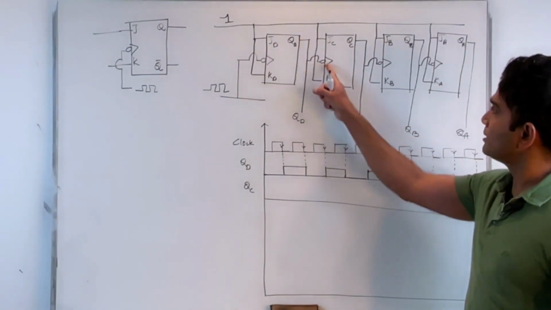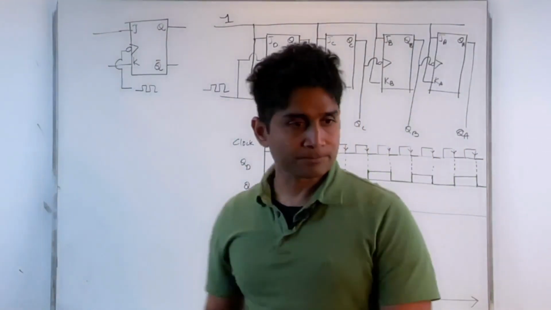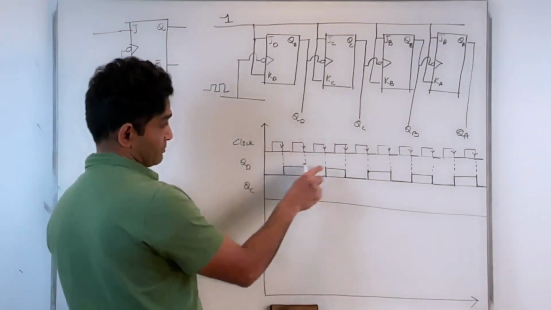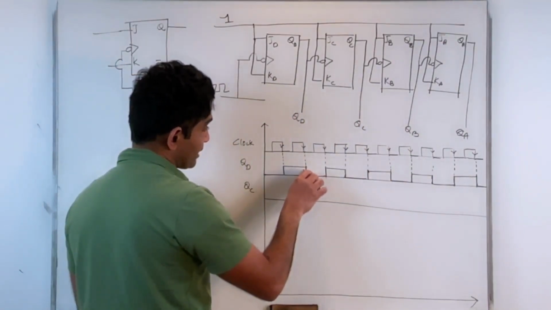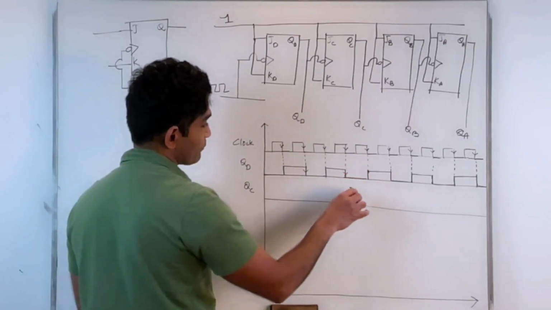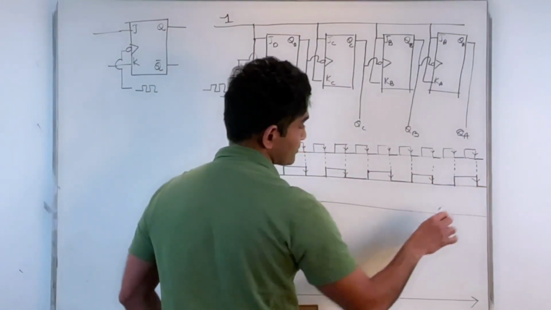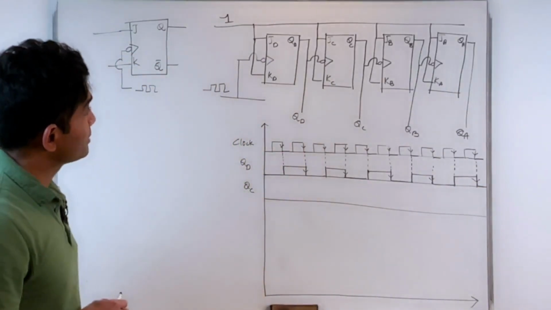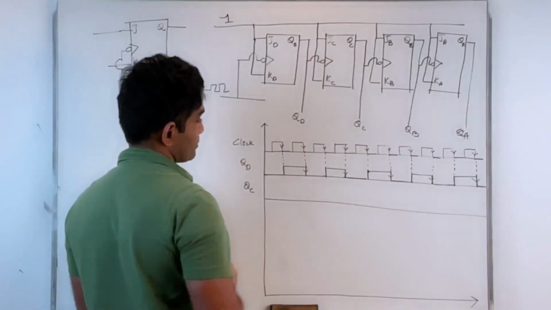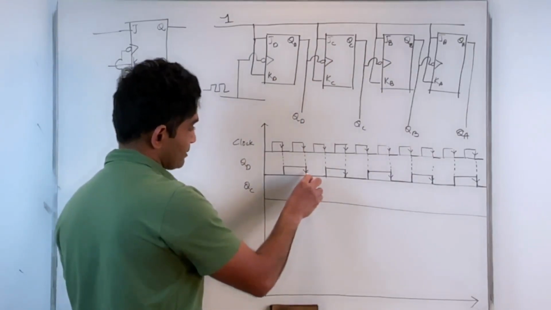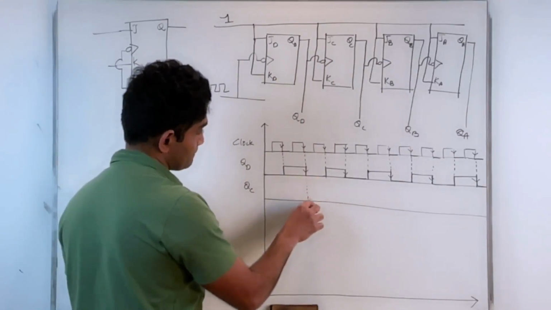I'm applying the QD as the clock to my QC. So now, this signal is the clock. I will identify the active edges for that flip-flop. These are the active edges. The falling edges are the active edges for my JC KC flip-flop, and then I will draw the guidelines for them.